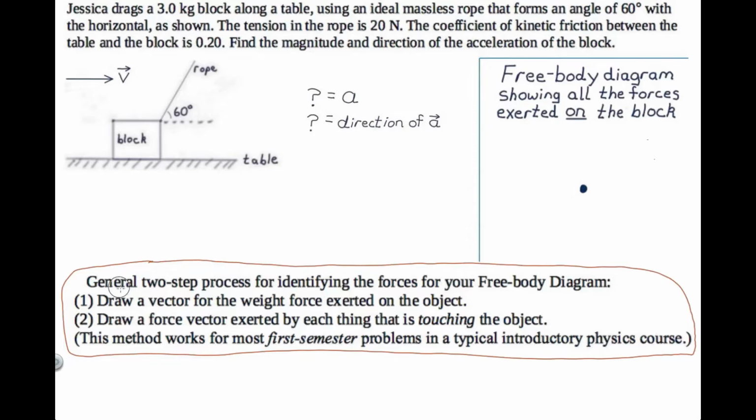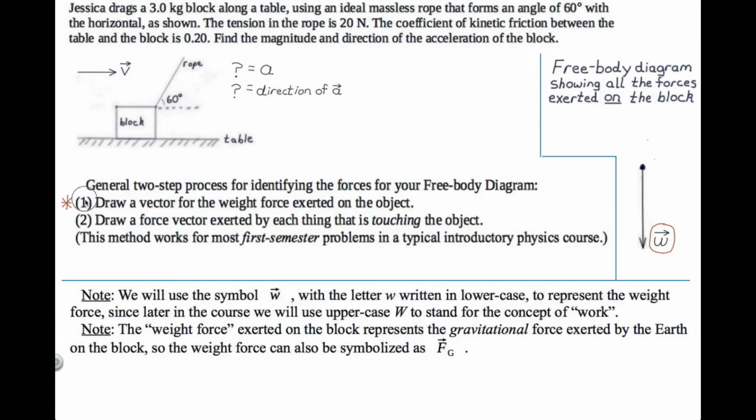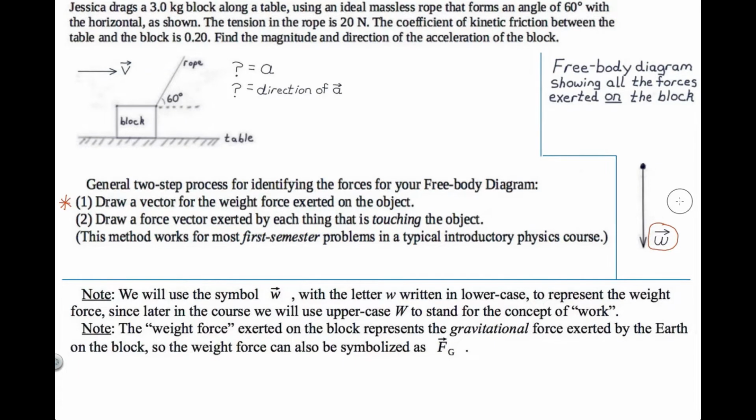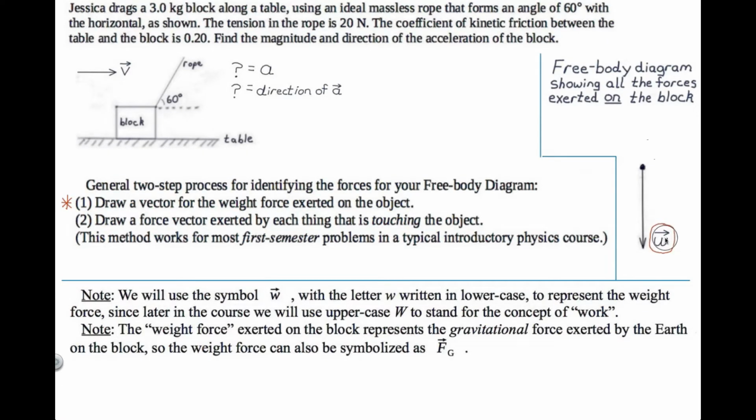Here's a general two-step process for identifying all the forces for your free body diagram. First, draw a vector to represent the weight force. We will represent the weight force with the symbol lowercase w. The weight force can also be referred to as the gravitational force.